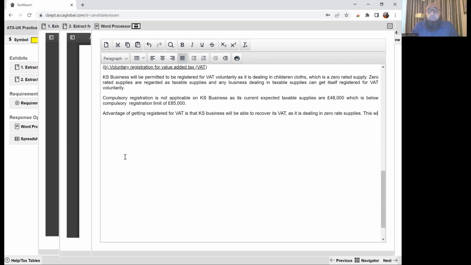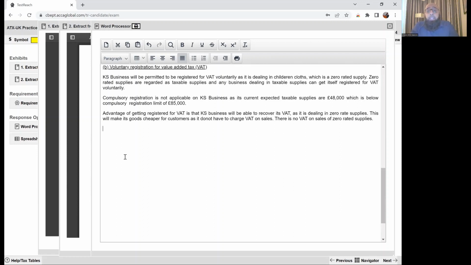This will make its goods cheaper for customers, as it does not have to charge VAT on sales. There is no VAT on sales of zero rated supplies.